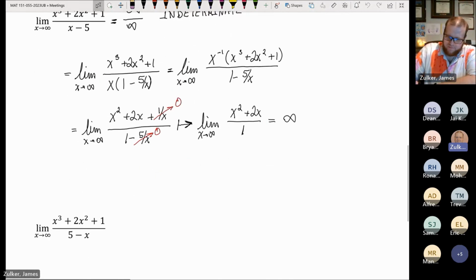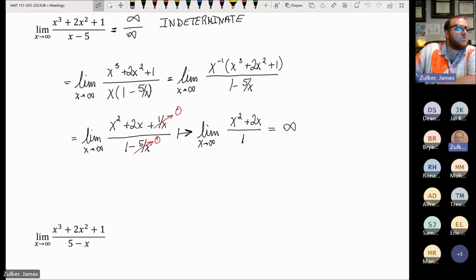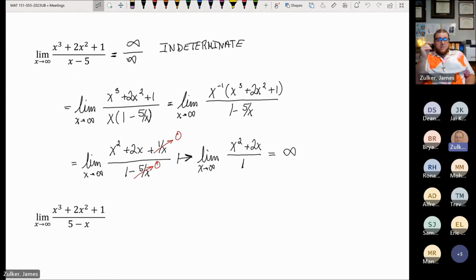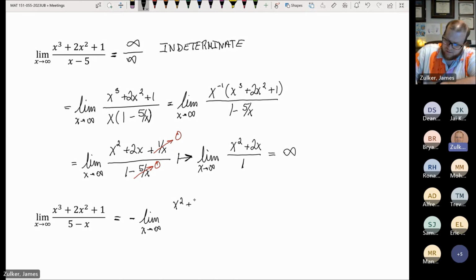Let's move this up a little bit. So if we take a look at the limit as x approaches infinity of x cubed plus 2x squared plus 1 over 5 minus x, we can be a little cheeky here. We don't have to do a lot of work. Factor out a negative.